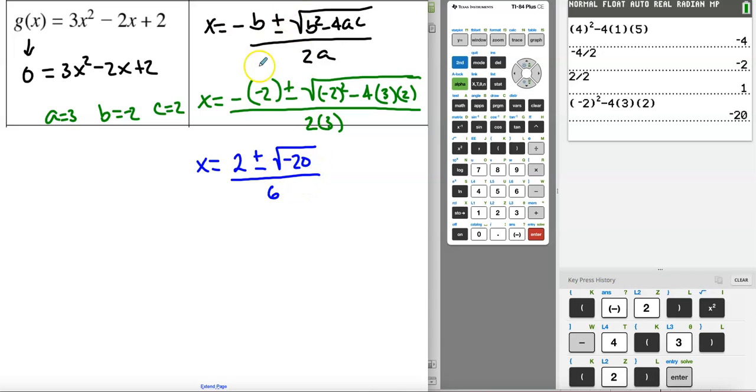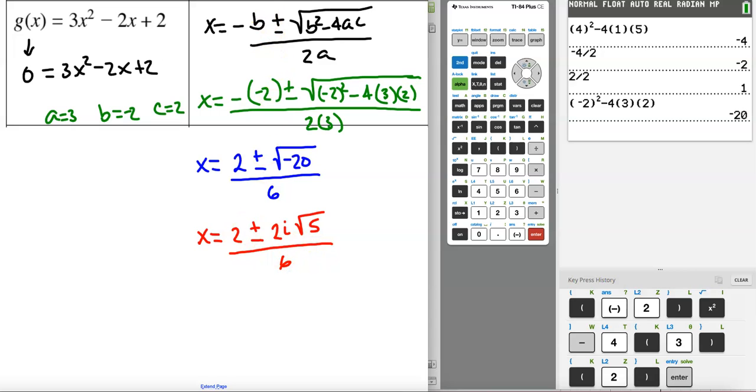Now my next thing is to try to simplify this square root. When I simplify the square root, I get x is equal to 2 plus or minus, that breaks down into 4 and 5. 4 is a perfect square. The i comes out, so this should be 2i square root of 5, and then this is divided by 6.